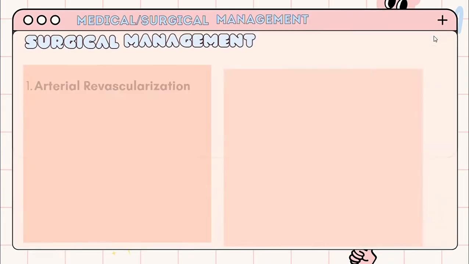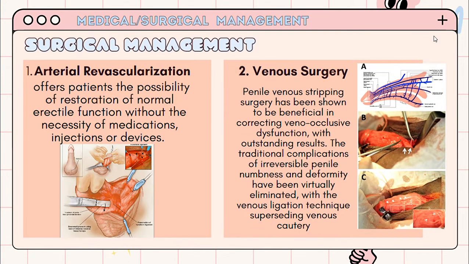So, for surgical management, we have arterial revascularization for males. This offers patients the possibility of restoration of normal erectile function without the necessity of medication, injection, or devices. Next, venous surgery.